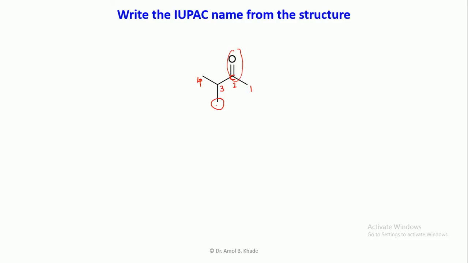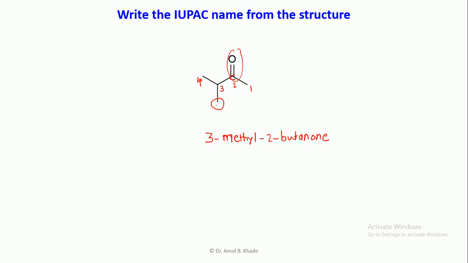The substituent is present at carbon 3, so we will write 3 dash methyl. M should be capital here, it will be methyl, 3 dash methyl. Then we have to indicate the position of this carbonyl group. 2 dash, it is a butane, so it will be a butanone.